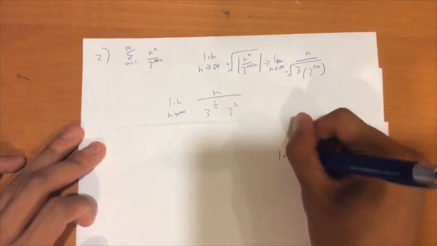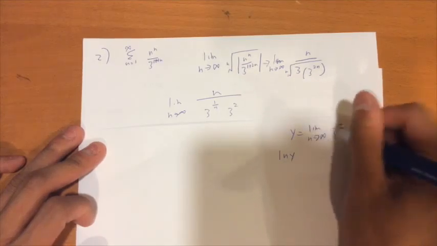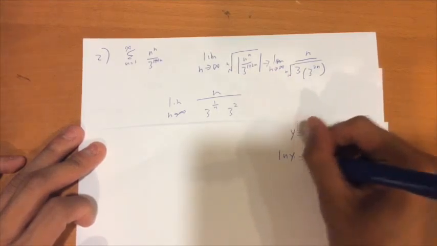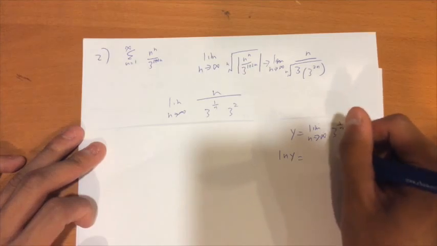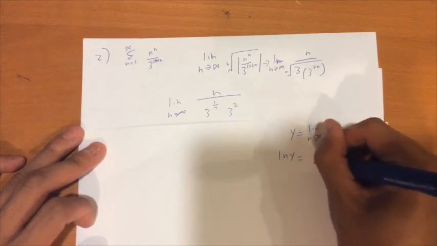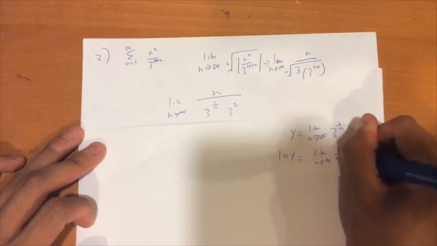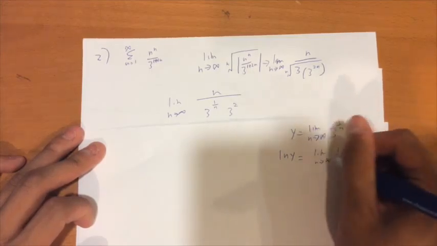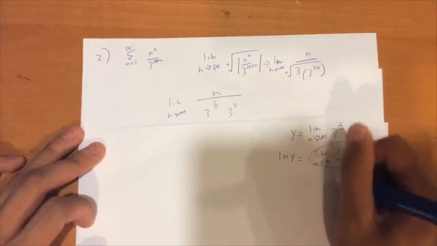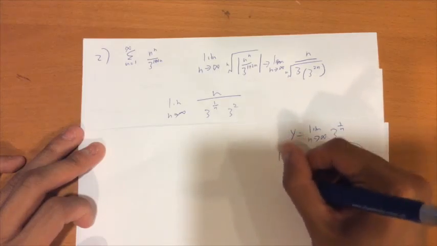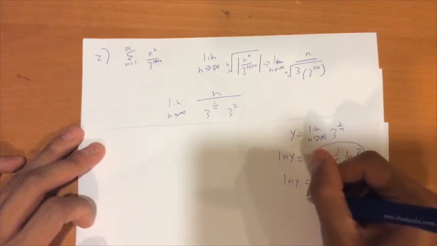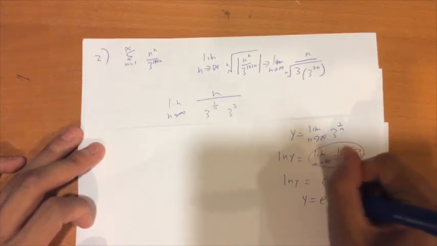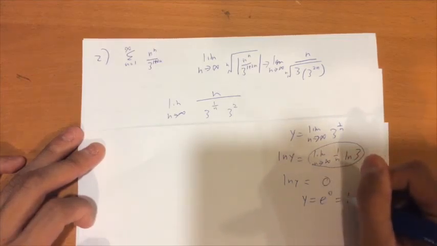You're going to have to ln both sides, and you can bring down the 1 over n because you're taking a natural log of 3. So this right side would just become 0 because you have a 1 over infinity, and ln y equals 0, in which case y equals e to the 0, which is just 1.